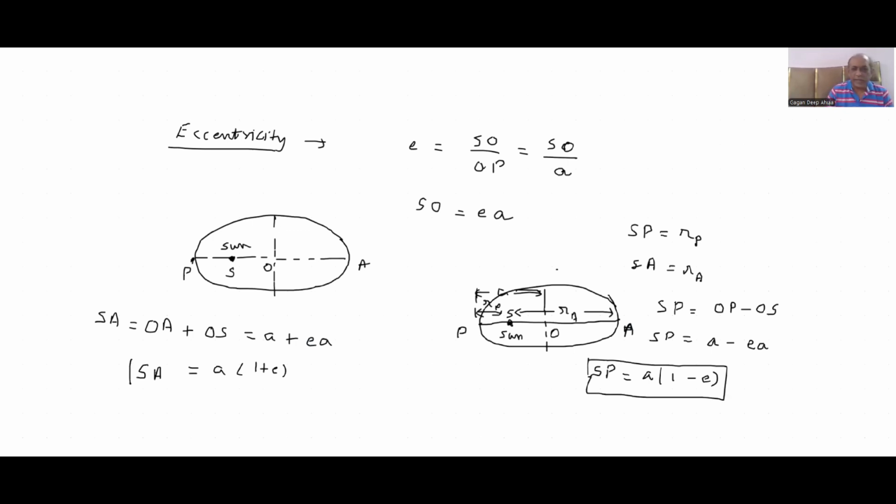So what I'm going to do is put these two values in this ratio of E. If I look at the ratio of SA divided by SP, what is SA divided by SP?